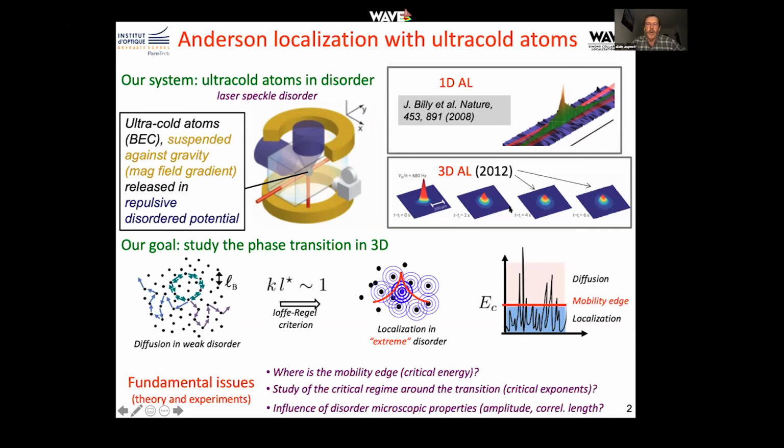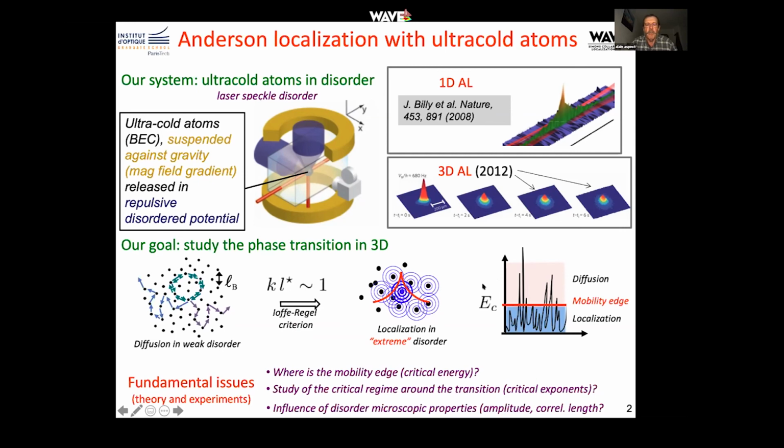In other words, there was a spread in energy for the atoms, such that we always had a fraction of the atoms localized and a fraction not localized. And you easily understand that if you want to measure, let's say, the mobility edge, that is to say the energy at which you have a transition from not localized to localized, if you have a spread in energy with the atoms, you cannot make a precise measurement of the mobility edge.